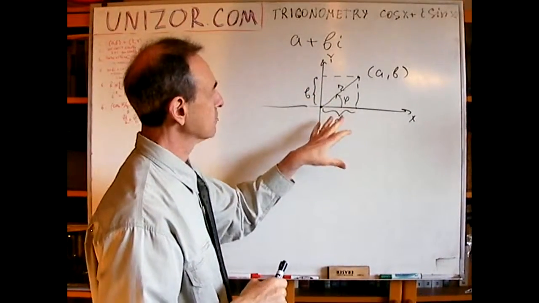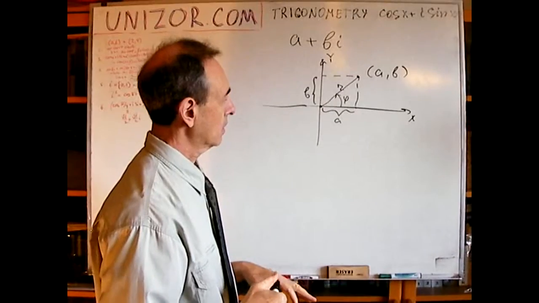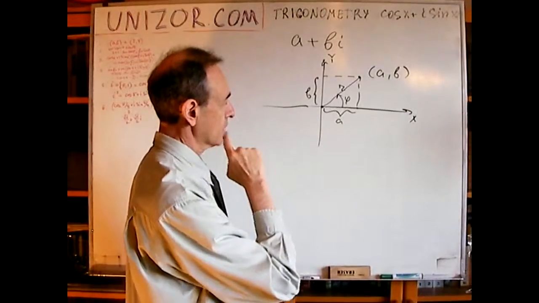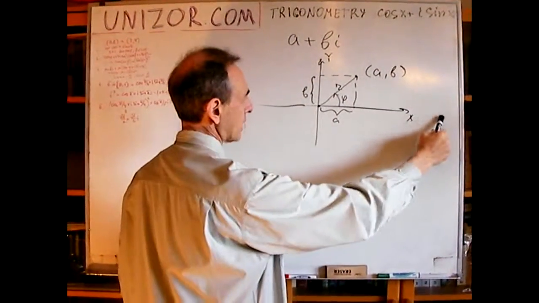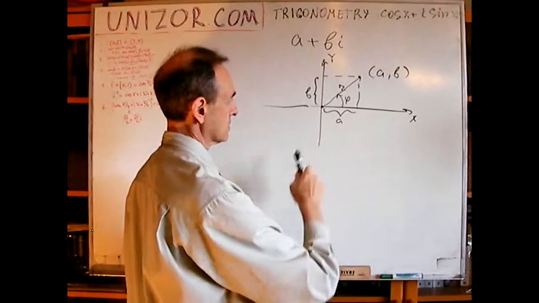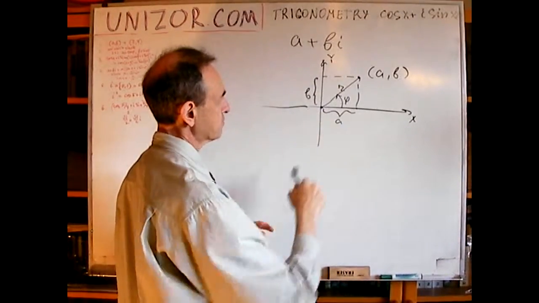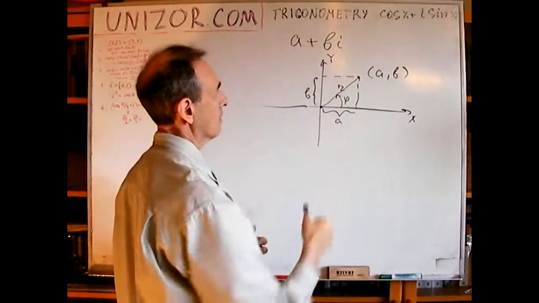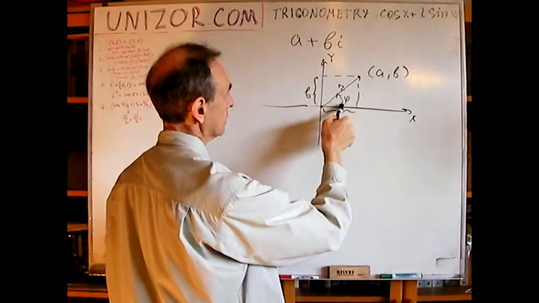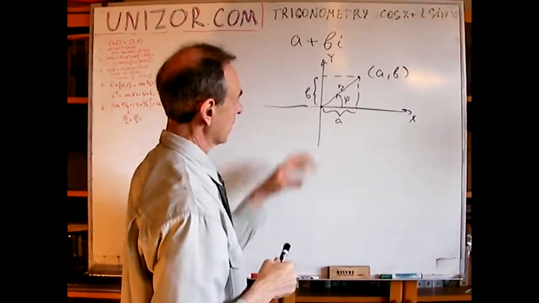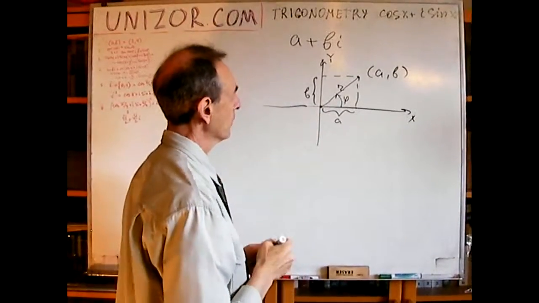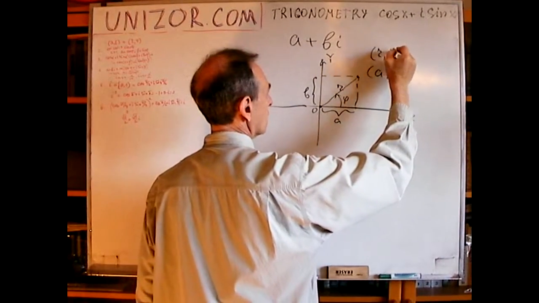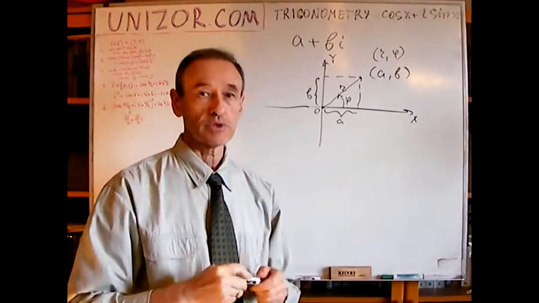So if this polar system of coordinates coincides, if you wish, with the Cartesian coordinate system, the polar axis coinciding with the x-axis, then this particular point can be defined in both systems. a and b would be the coordinates in the Cartesian system, and the angle phi and the length of this distance to the pole are the other coordinates. So not only a, b, but also r and phi are legitimate coordinates of this point.